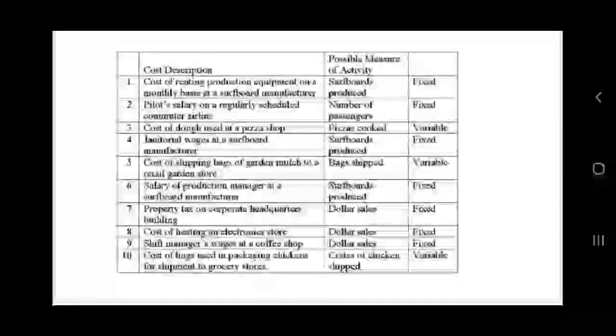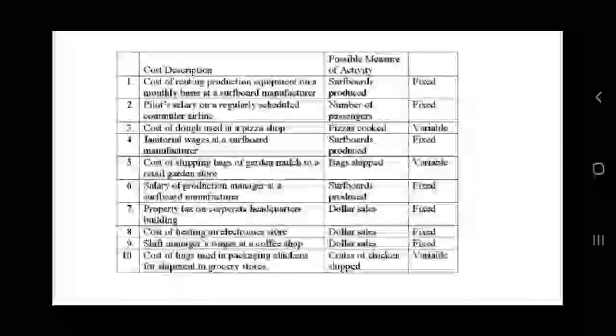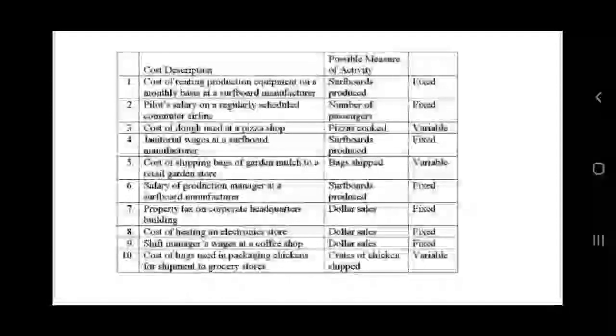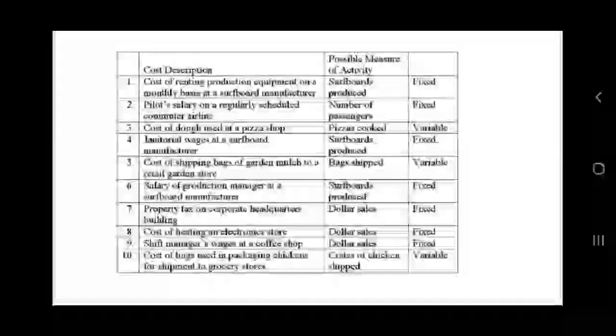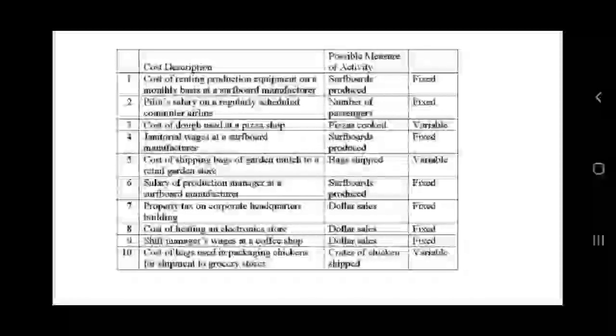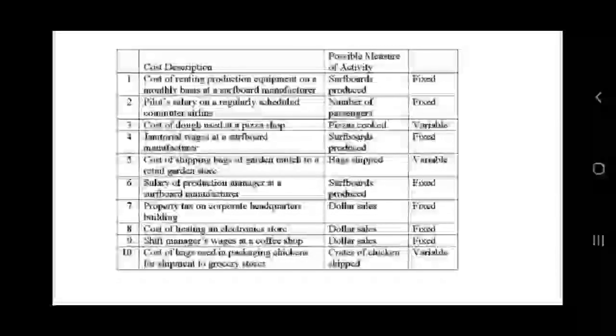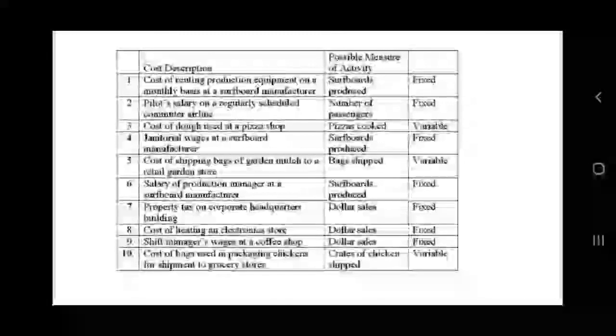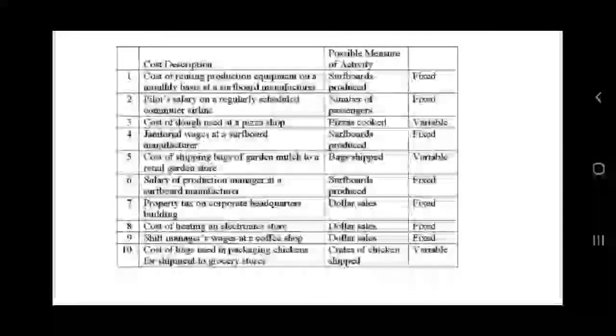Okay, see item number 2. Pilot salary on a regularly scheduled commuter airline. The measure of activity is the number of passengers. So is it a fixed cost or variable cost? It is a fixed cost. No matter how many passengers, the pilot salary is the same. Number 3, cost of dough used at a pizza shop. The measure of activity is the pizzas.